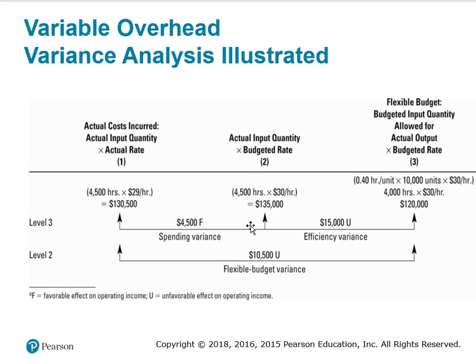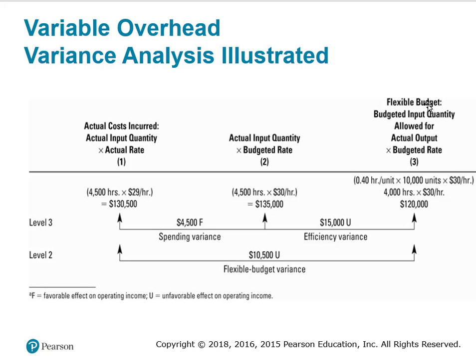Now this was the variable analysis that we looked at. This is where we left off. If you read it from the bottom up, that's the level 2 variance, and there's level 3. Level 3 takes it apart between spending and efficiency variance. And when you really look at it, it's not so bad. This is all actual, and then this is actual quantity times budgeted rate, the old flexible.